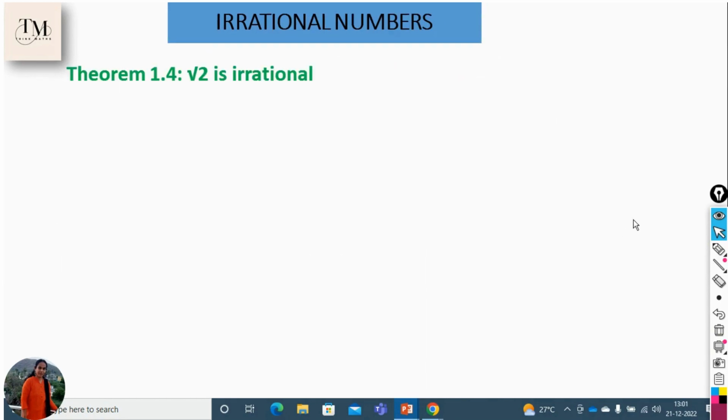We have to prove that root 2 is irrational. Here we are going to take a contradiction, that is, root 2 is rational. So what do you mean by rational? Rational is nothing but we can express this as fractions, that is r by s. Suppose this r and s have a common factor.